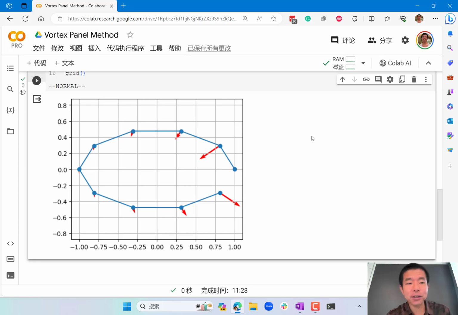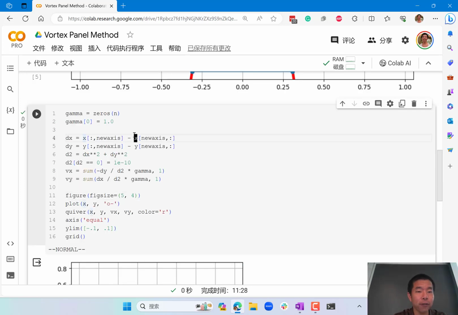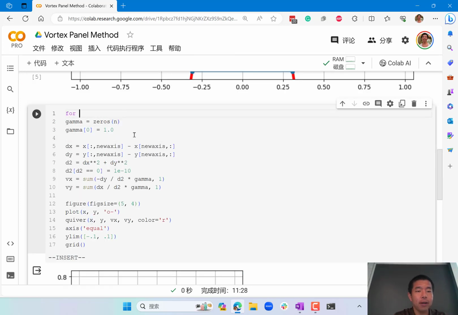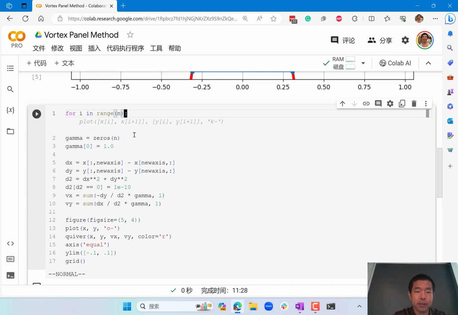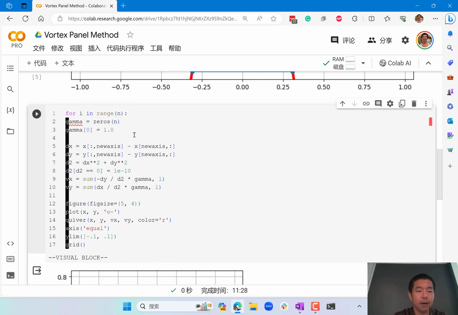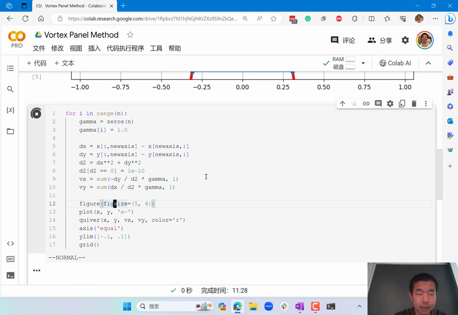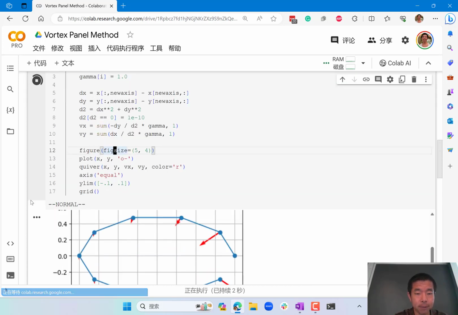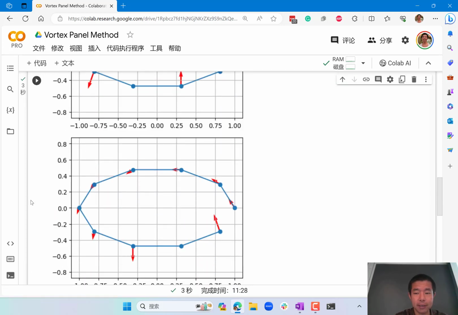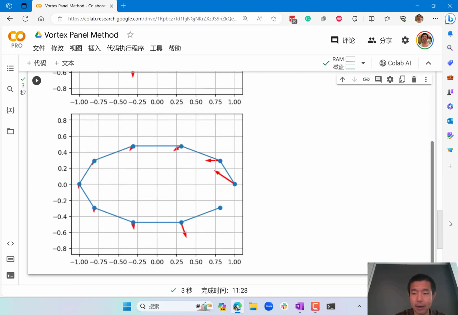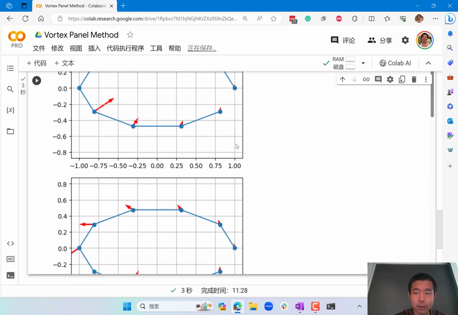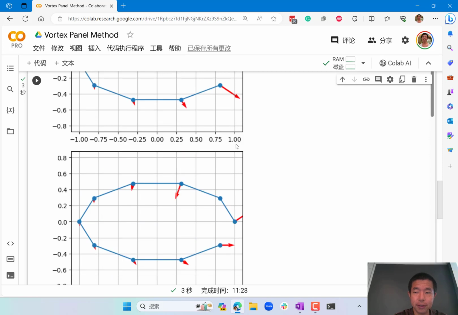Okay, so now let's not just do it for this single vortex, but for all the vortices. So we are looping over all the vortices, gamma is equal to 0, and we'll set the ith vortex to a strength of 1. Now I should get a series of plots, each one being the induced flow from one of the vortices.